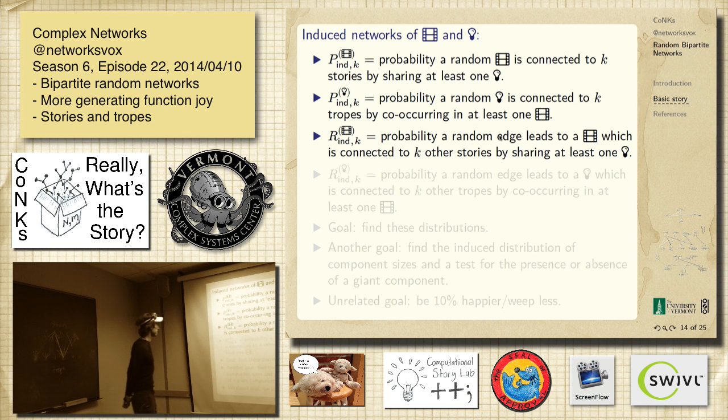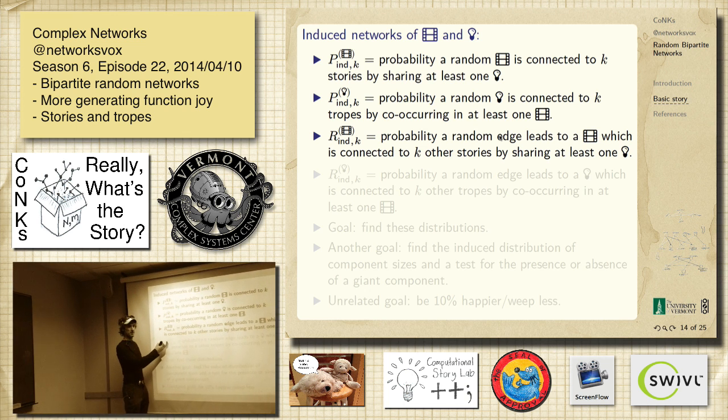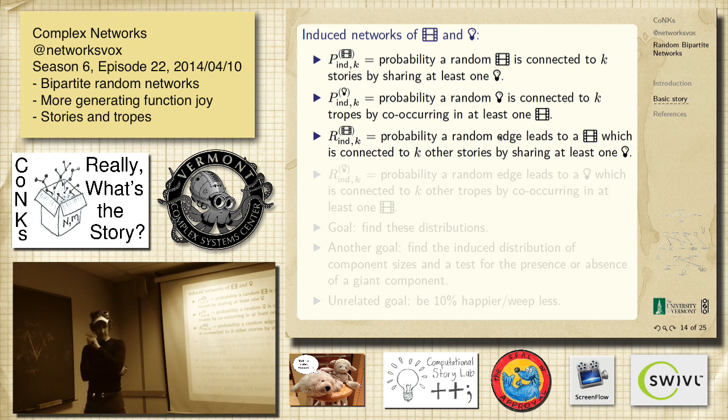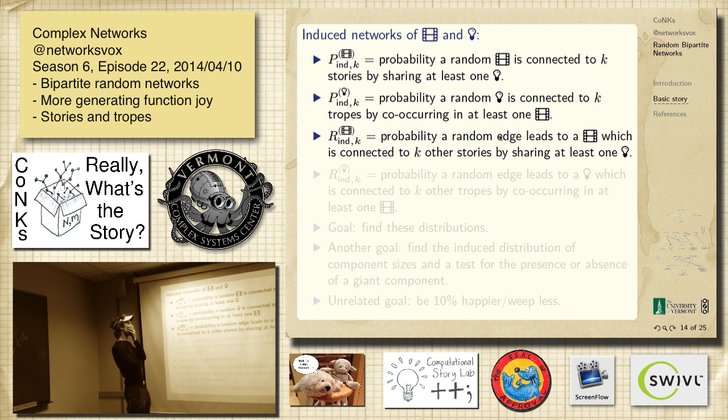So there'll be this same kind of story, but now we're in these induced networks. This is not quite in the network. This is slightly different.